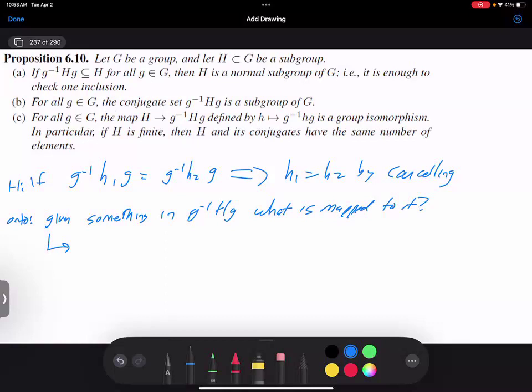I remember my freshman year being very frustrated when we finally figured out that the answer to one of the problems was by definition. And it was just unwinding what the definition was. What does it mean to be an element in g inverse big H g? So if x is in g inverse H g, then what must be true? So g inverse big H g is the collection of what elements?